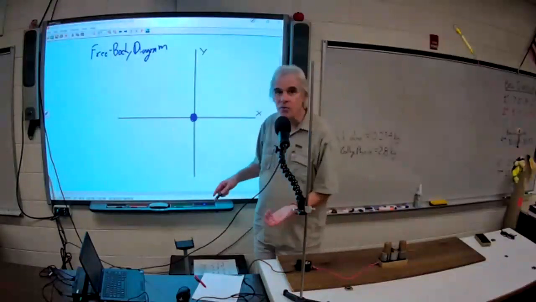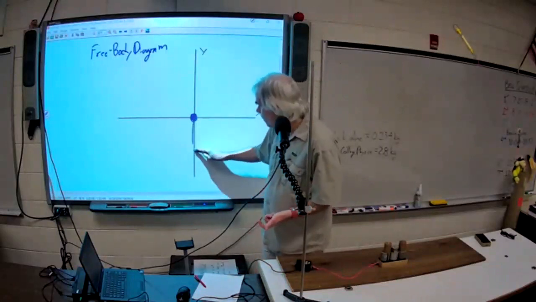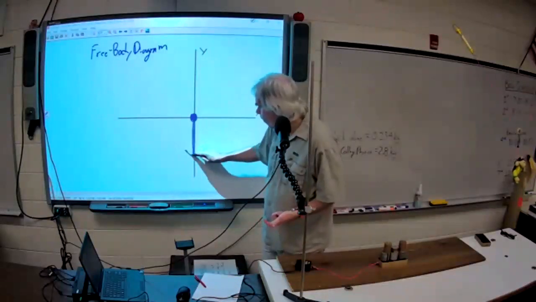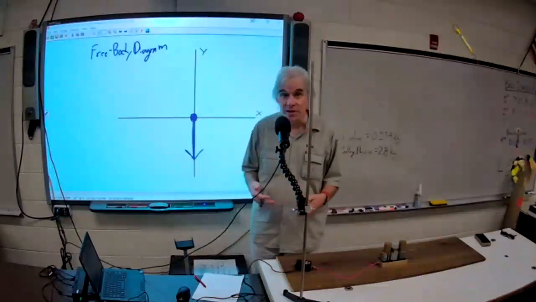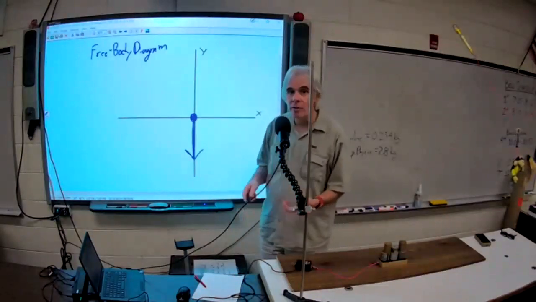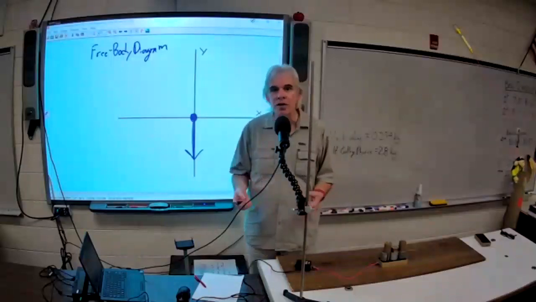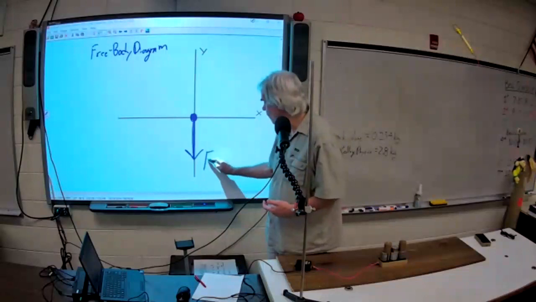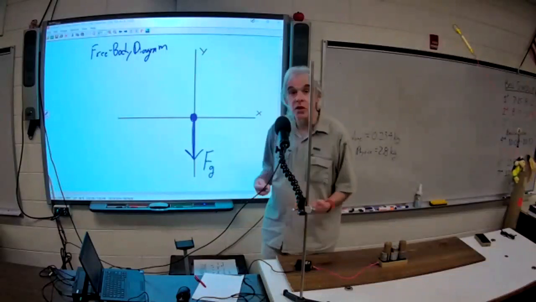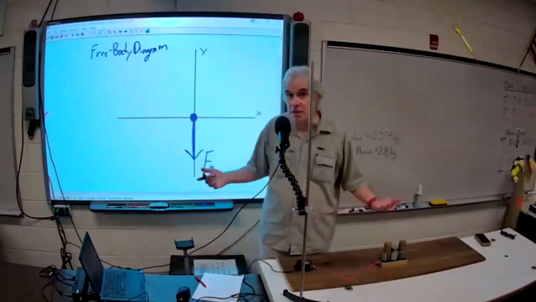So I'm going to draw an arrow to represent it. Always on a free body diagram, you want to put some kind of label. So I'm going to put F for force with a subscript G for gravity, the gravity due to the earth, to be specific.